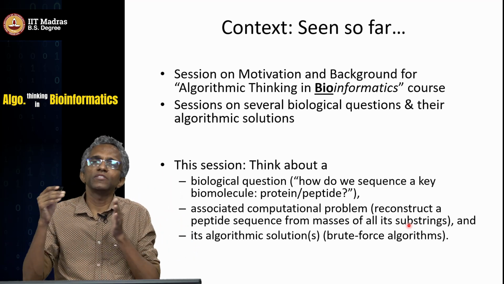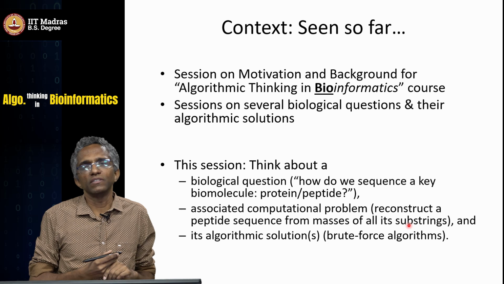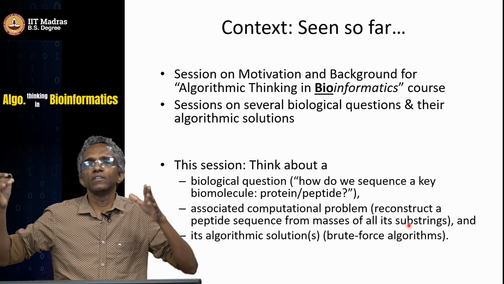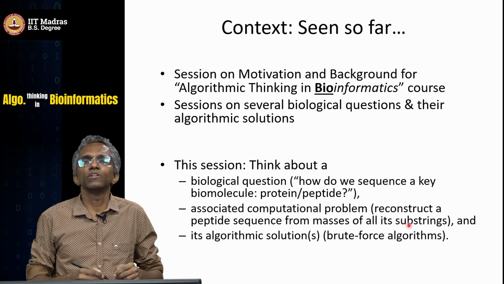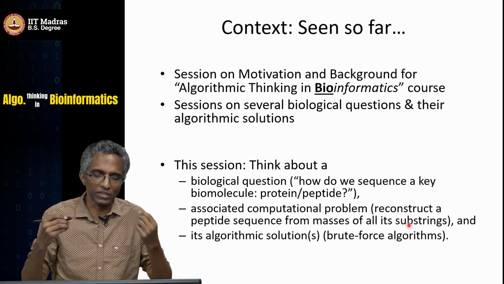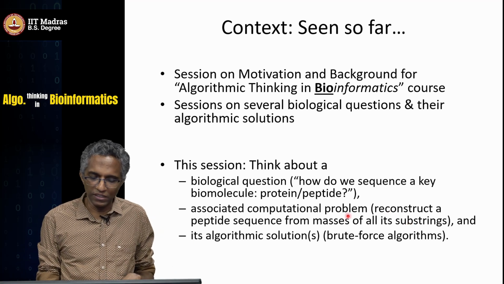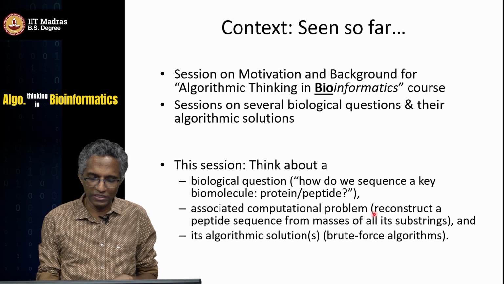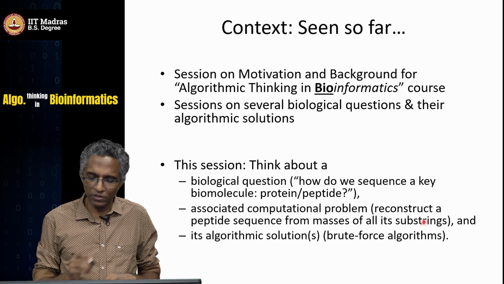Now, given these masses of the different substrings of a peptide, and given the mass of the total peptide, you want to figure out which amino acids are present within that peptide and in what order. That is the computational problem: you want to reconstruct a peptide sequence from the masses of all its substrings.